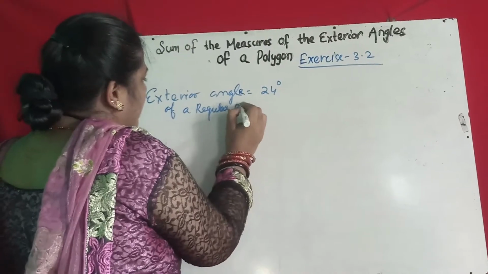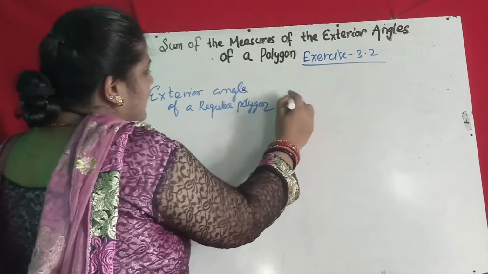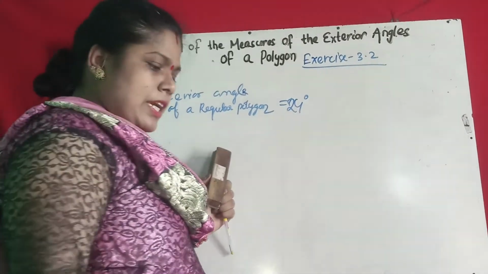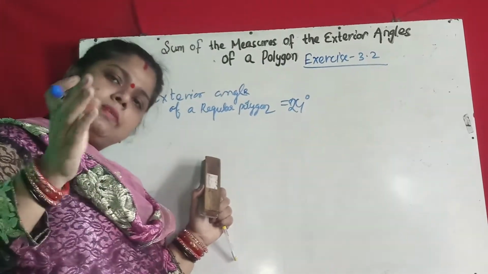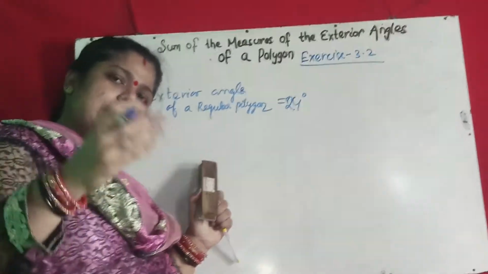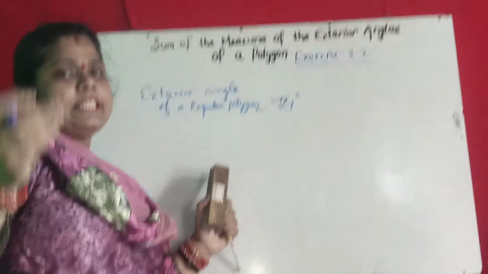A regular polygon's exterior angle is 24 degree. That means the same thing, you divide 360. If sides are given, you divide 360 by the sides. If the angle is given, you divide 360 by the angle, and you will get the number of sides. If you divide by the number of sides, you will get each exterior angle.